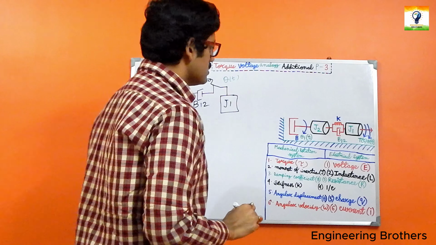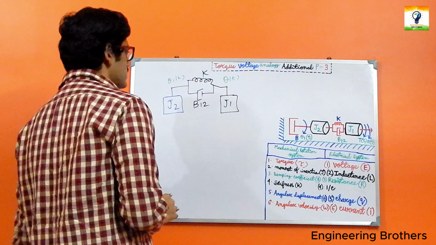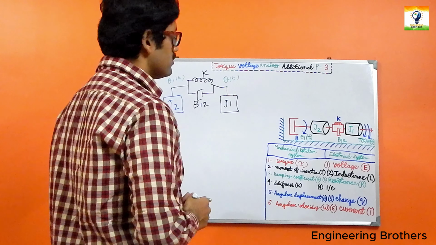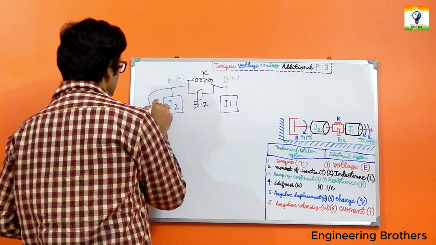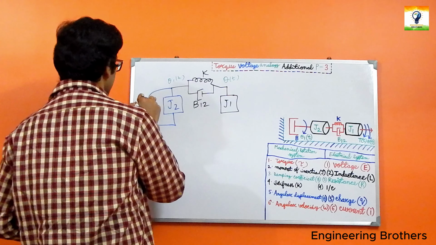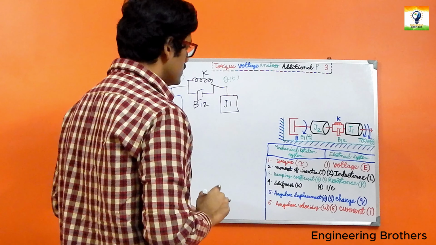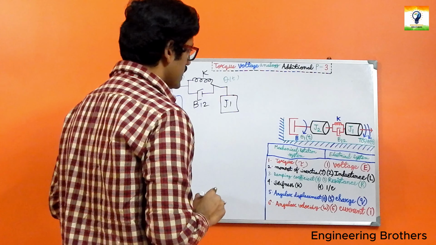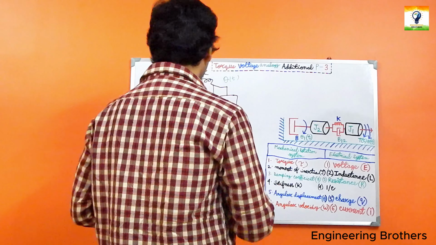The last consideration is our dashpot element, which indicates the rotational frictional element. Let us include that B as well. So this is our B, this is our J2, and with that J1 is completed here.